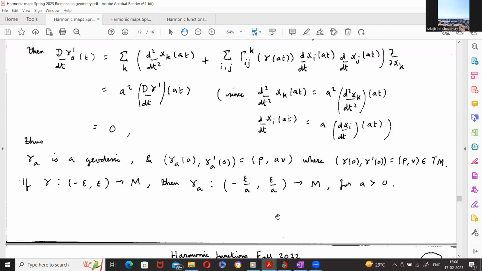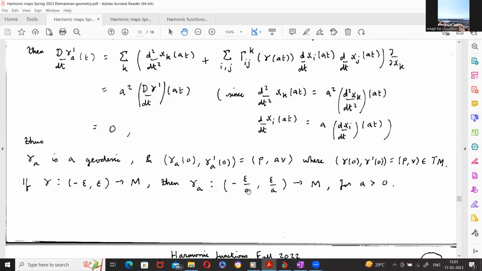So what is the point of doing this? The point is that we can always reparameterize our geodesic to be defined on a larger interval. If gamma was a priori defined on the interval minus epsilon to epsilon, then this reparameterization gamma_a will be a geodesic defined on the interval minus epsilon over a to epsilon over a. So if I take a to be very small, then my domain of definition for gamma_a will be large.